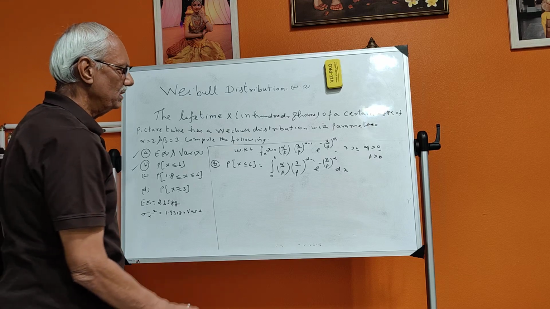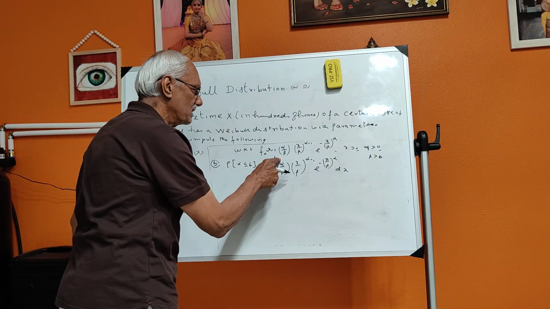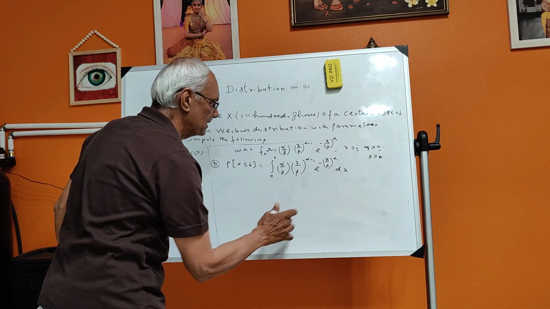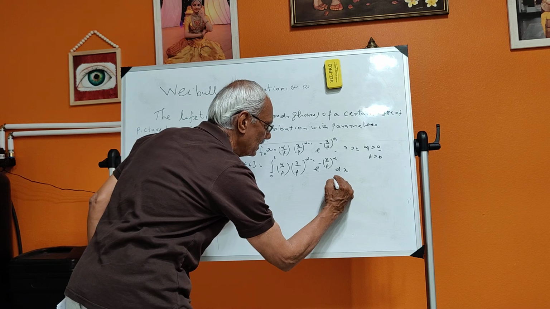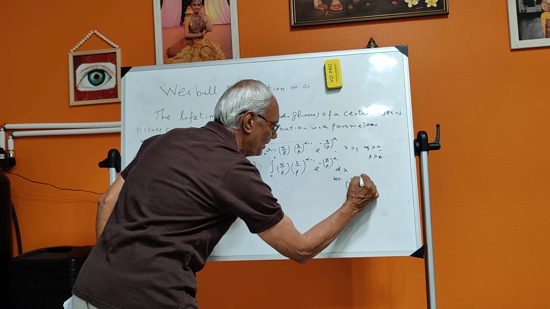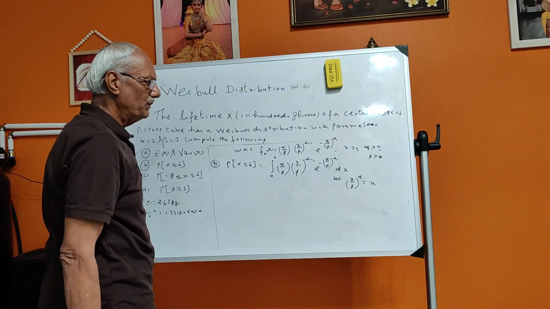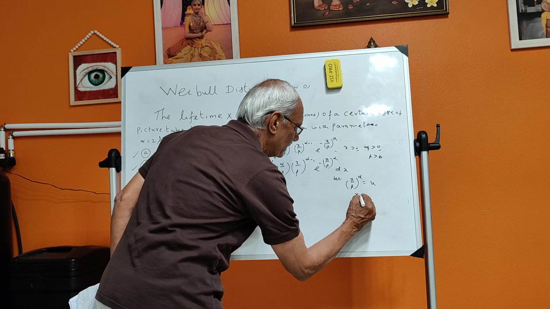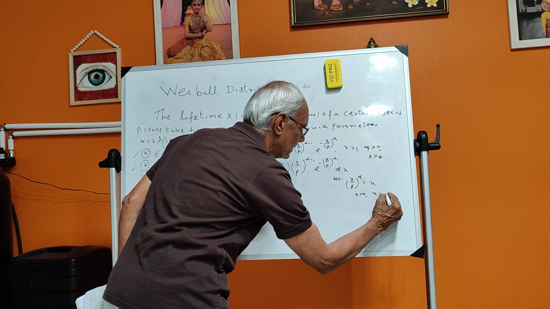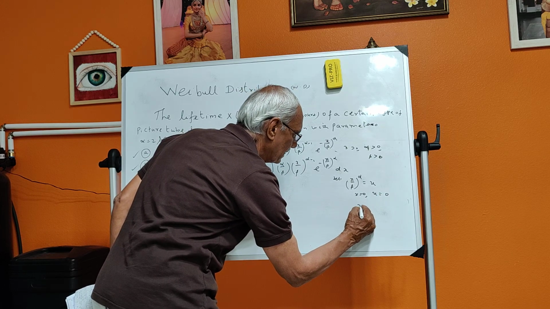See, as I have done, do not bother about the limits, you need not bother. You can fix up the limits afterwards also. If you are going to do this, let me take x by beta to the power of alpha to be your u. If you take it to be u, then if x is equal to 0, u is equal to 0.